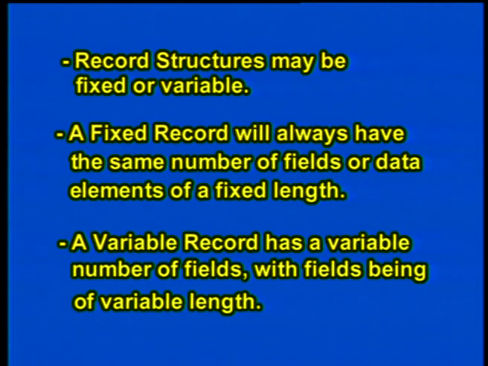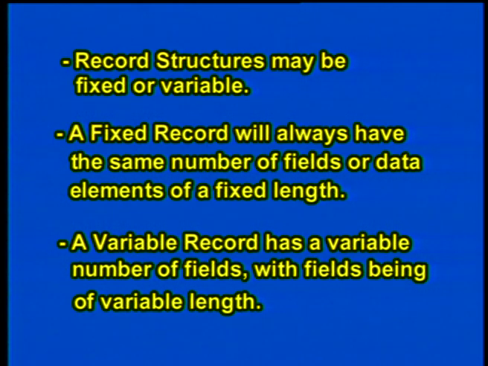There could be different types of formats or structures. One very important concept is a record structure may be a fixed structure or a variable structure. A fixed record will always have the same number of fields or data elements of a fixed length. So, supposing there is a record with say 5 fields or data elements, all these fields will have a fixed length of, let us say, 10, 20, 30 and so on.